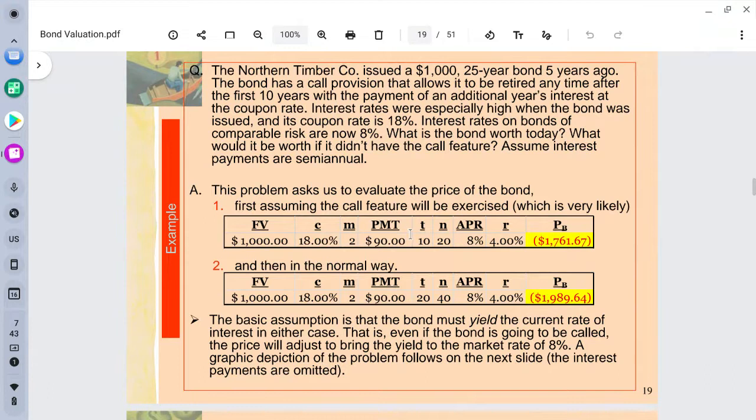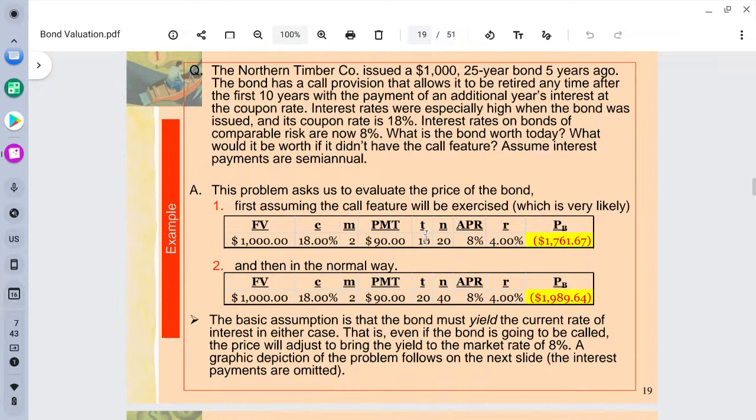So we can simply work with the call price. It should be 5. I made a mistake here, because the call protection period is the first 10 years, and the bond is already 5 years old, so we have only 5 years left.